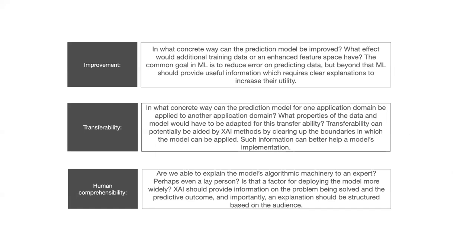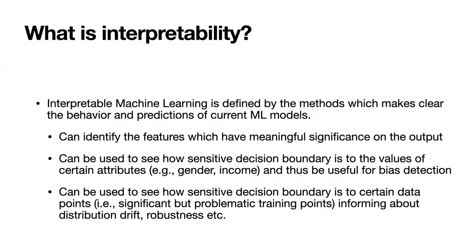We want to obviously improve the model and make it perform really well, both on the training data as well as in the real world. We might want to transfer the insights we learn from one model to another situation. And ultimately, in terms of trust and human comprehensibility, it becomes really important to enable interpretability. Okay, so these are all the great reasons.